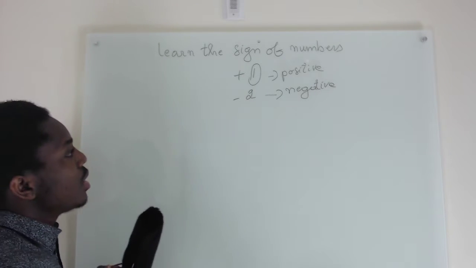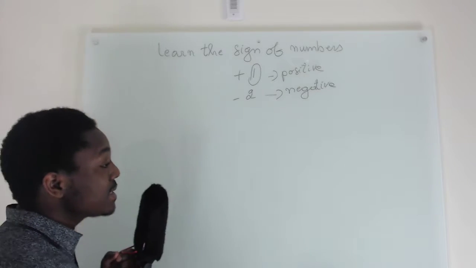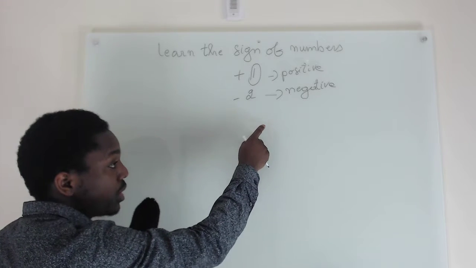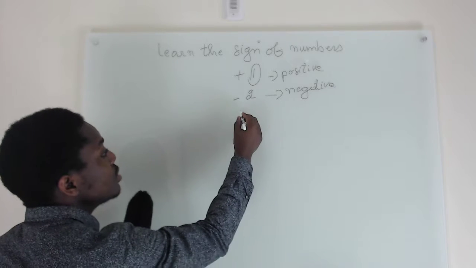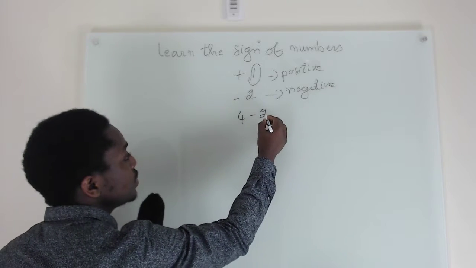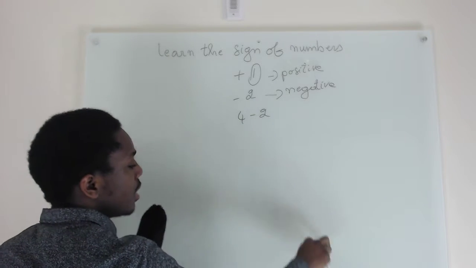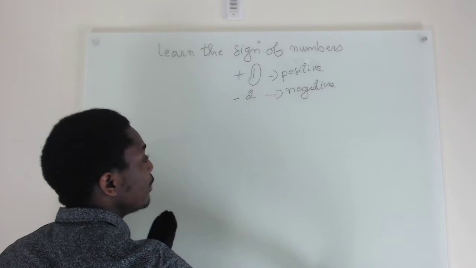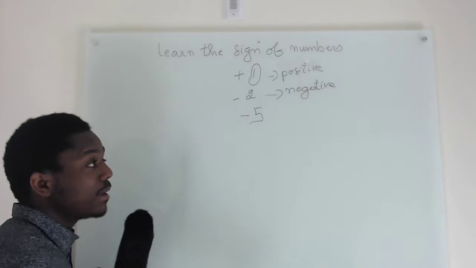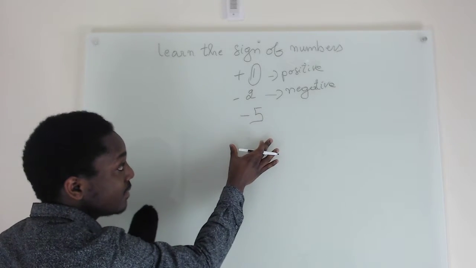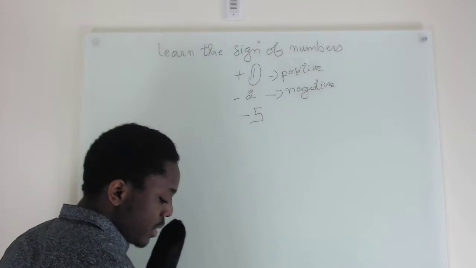In this case, we don't say "minus 2", but we say "negative 2". It's only in an operation, when you have, for example, 4 minus 2, that you read it as "4 minus 2". But when you have a number by itself, such as this one, or -5, you do not say "minus 5". Since it's by itself, you say "negative 5", since it is not in an operation.